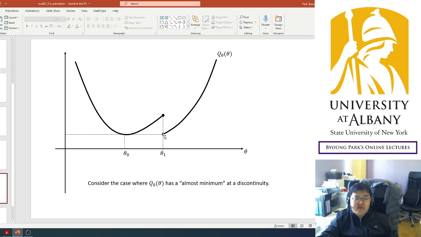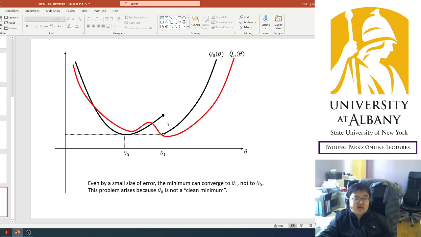So theta 1 is not exactly achieving this point, but as theta converges to theta 1, the function also approaches the minimum, right? So this minimum is not a dominant, not a clean minimum. So there is a strong alternative candidate which minimizes the criterion function.